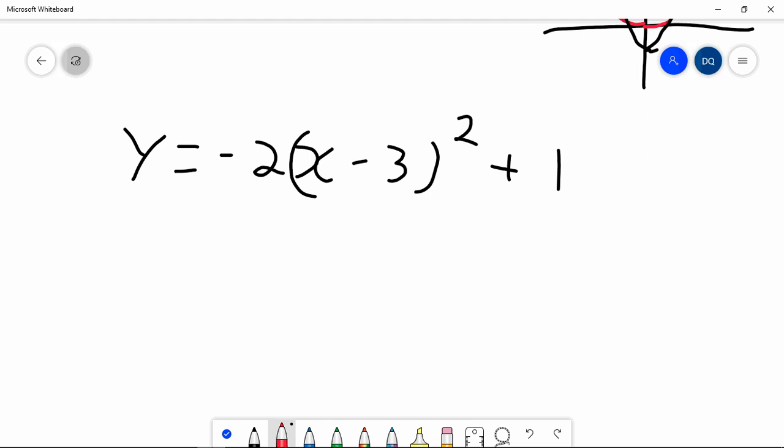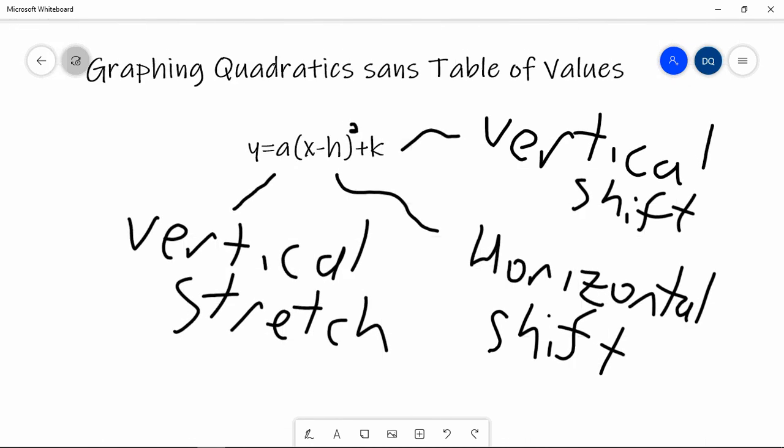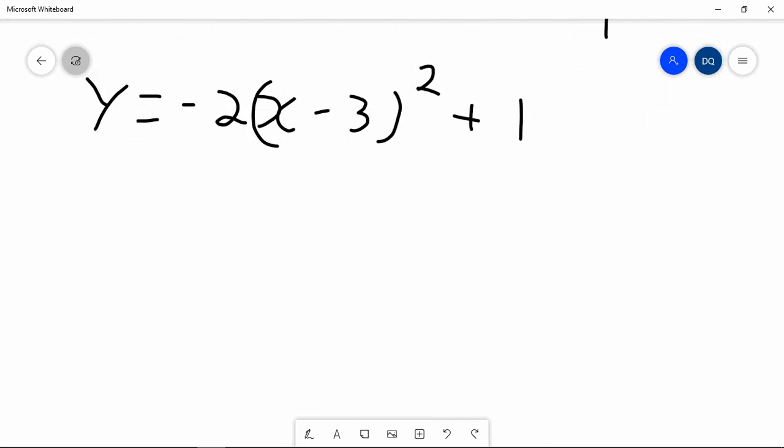A horizontal shift, so let me just remind you here, with y equals a(x minus h) squared plus k, a is the vertical stretch, h is the horizontal shift, and k is the vertical shift. So I've got a vertical stretch of negative 2, a horizontal shift of 3, and a vertical shift of plus 1.